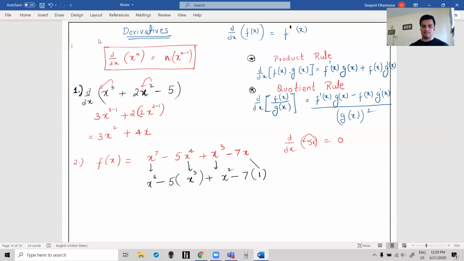Everything is the same, I'm just changing the x part. You see, power minus 1 in every case.